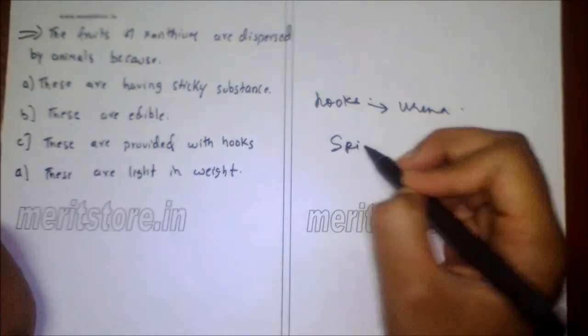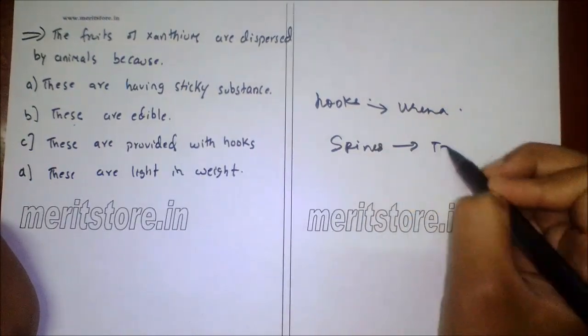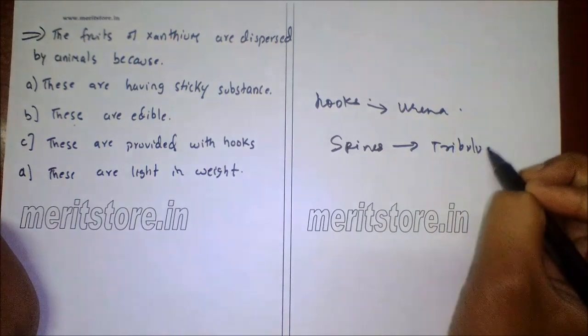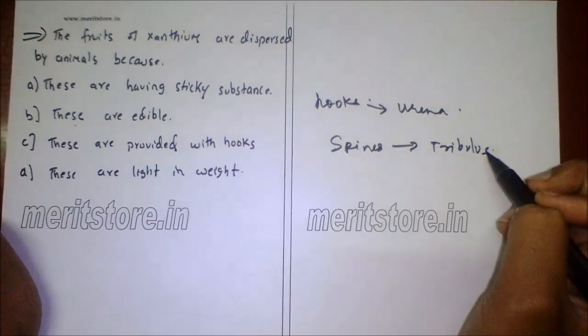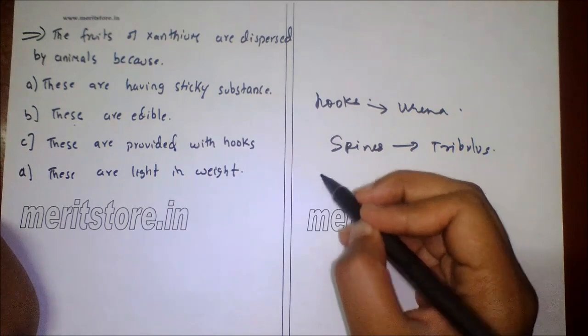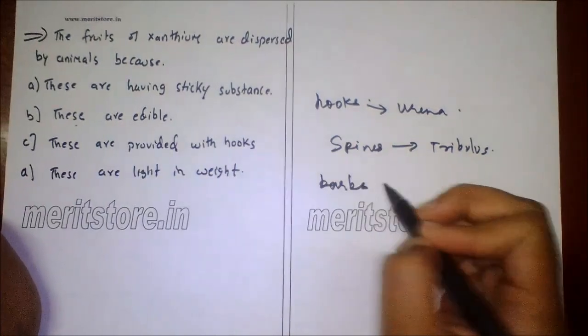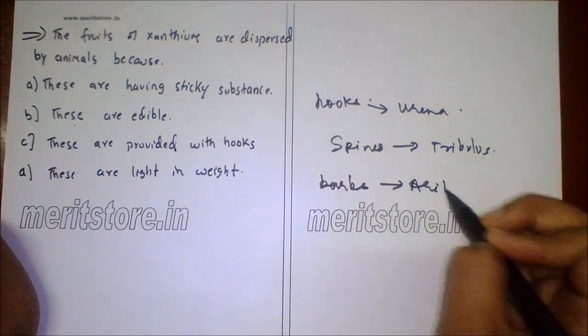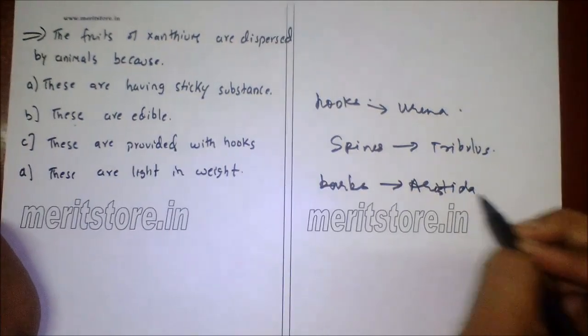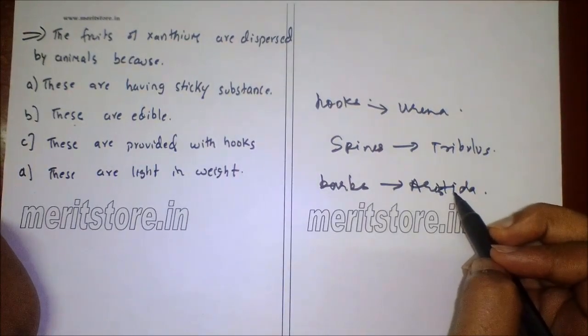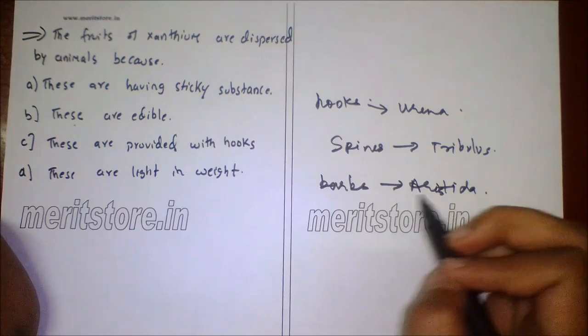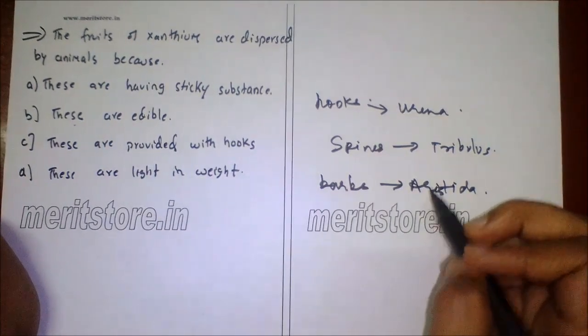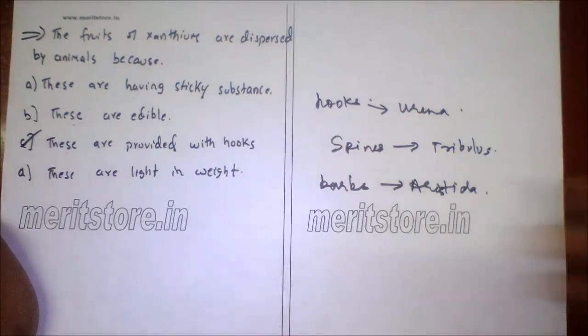And by spines, it is seen in Tribulus. A bunch of stiff hair or barbs is seen in Aristida, by means of which they adhere to the body of animals or clothes of human beings, and they are carried unwarily from one place to another. So option C is the correct answer.